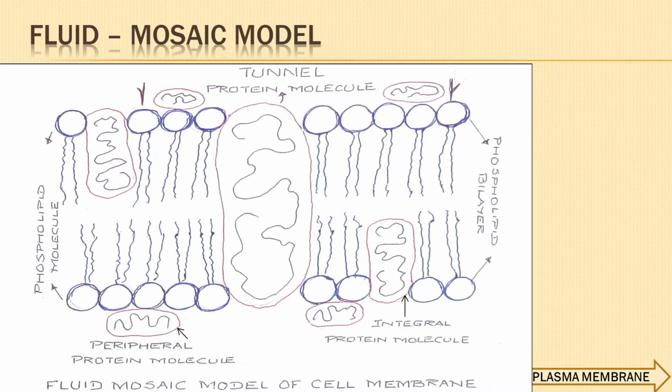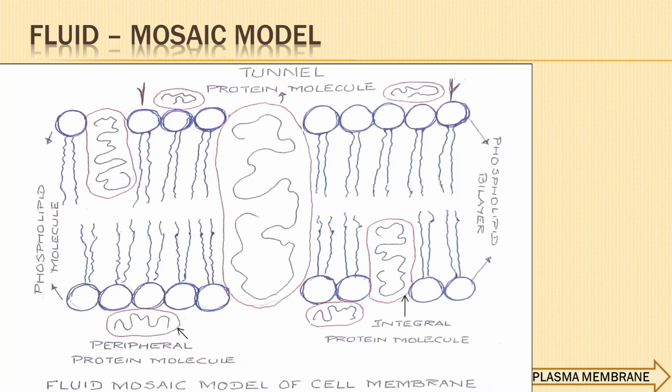Coming to phospholipids, the polar heads of the phospholipid molecules are directed outward and non-polar tails pointing inward. It forms a water-resistant barrier which allows only lipid materials to pass through it.